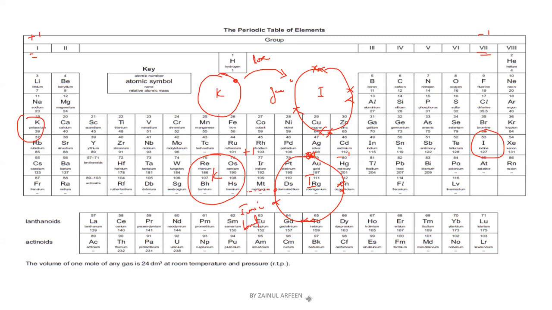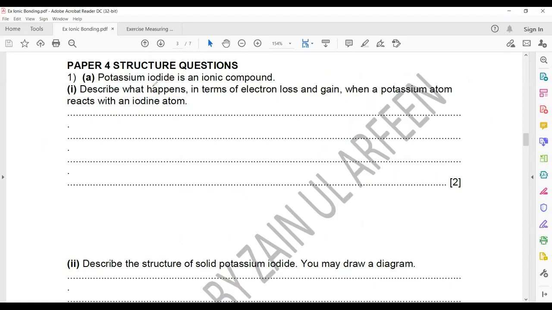So in the question they are asking: potassium iodide is an ionic compound. Describe what happened in terms of electron loss and gain when a potassium atom reacts with an iodine atom. So what happened in terms of electron loss and gain?